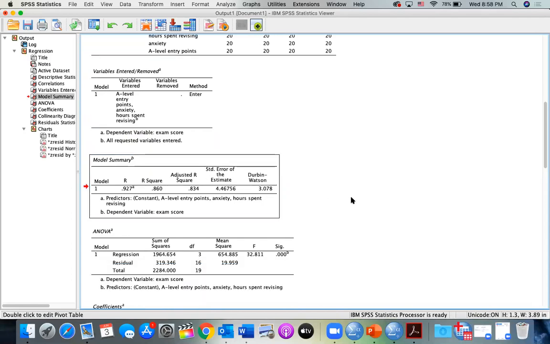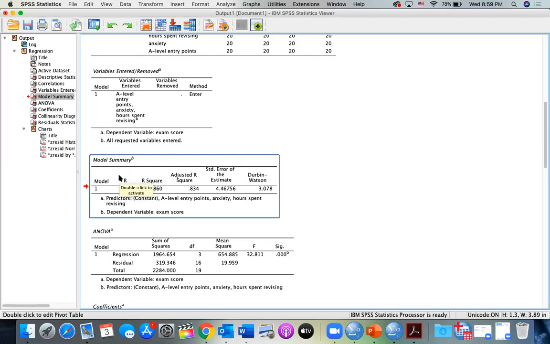Okay, so this is the fourth table, the model summary table. We want to talk about three things in this table. First of all, the R value.